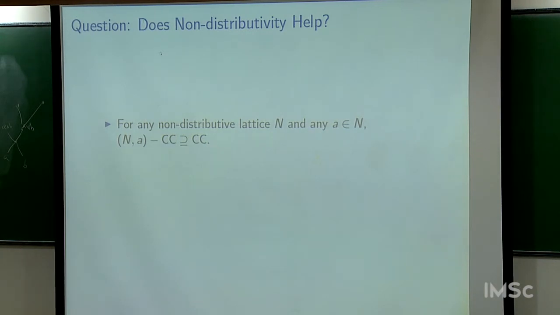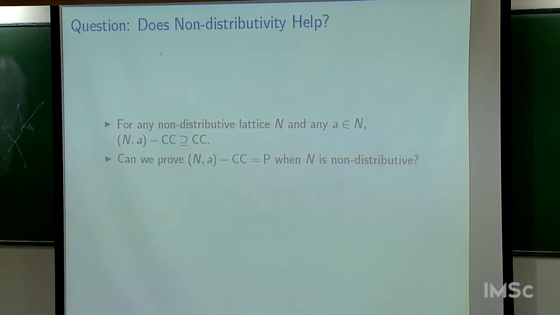Right, so this is your question. We have shown that there is a non-distributive lattice that can capture P, but is it true for any non-distributive lattice? That is, if you take any non-distributive lattice and any element as the acceptor, can we prove that it's equal to P? Right. So there is an interesting fact about non-distributive lattices.